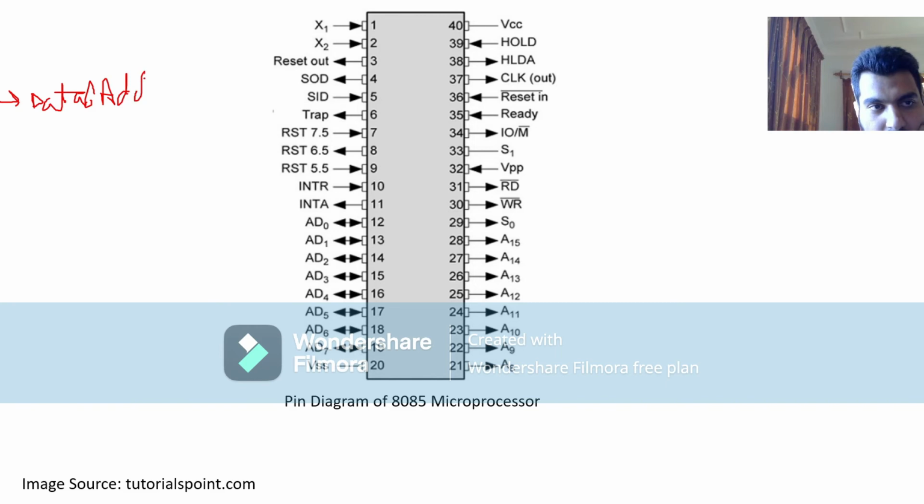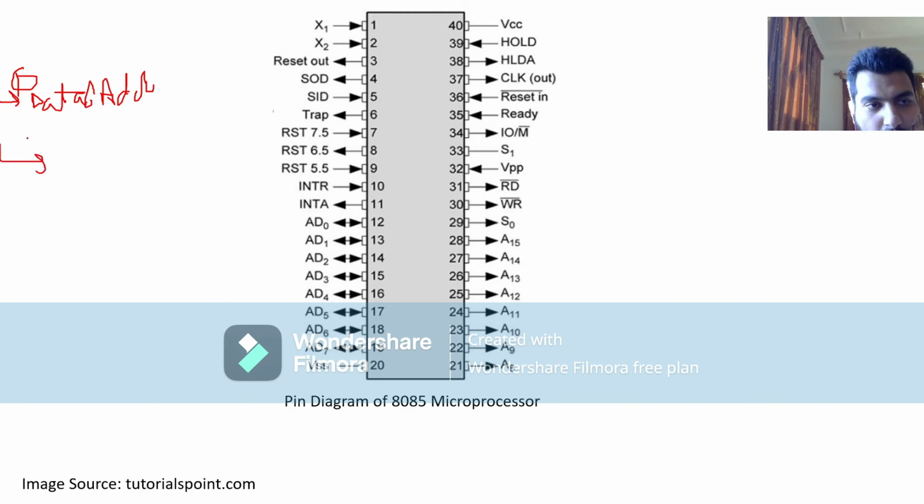The address bus is A15 to A8. It contains the most significant 8 bits of the memory and input output address. Then we have the data lines from AD7 to AD0. It contains the least significant 8-bit address and data bus. This was the first component.